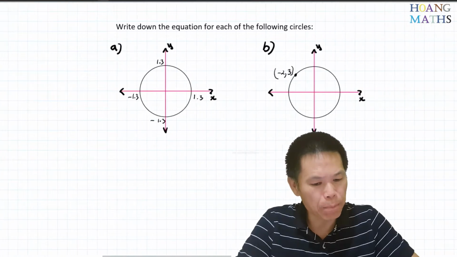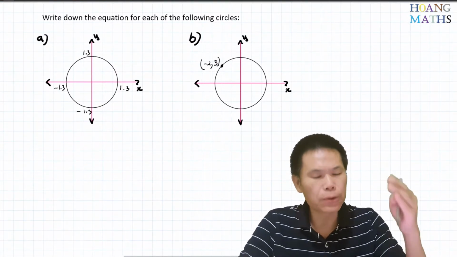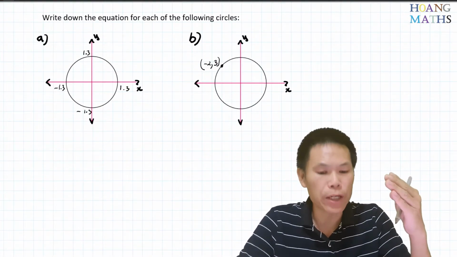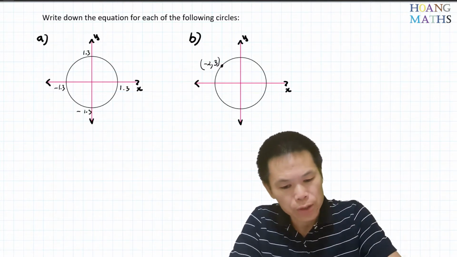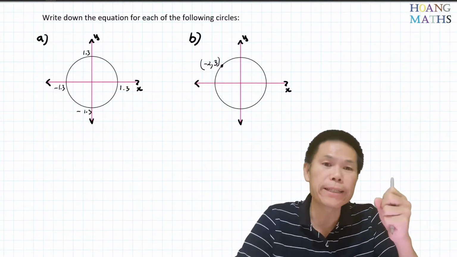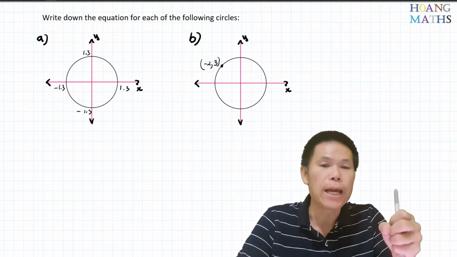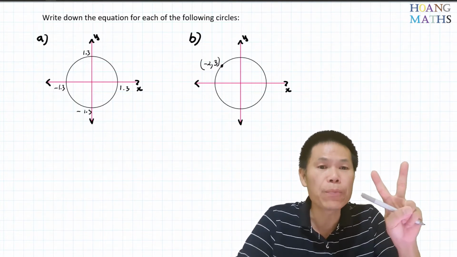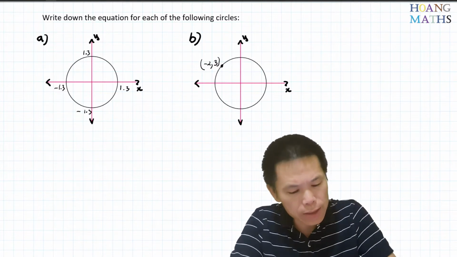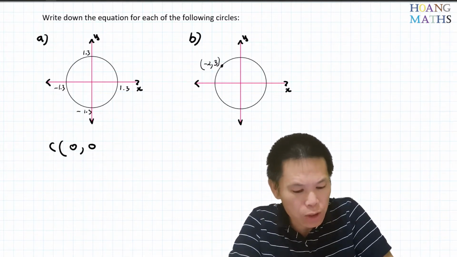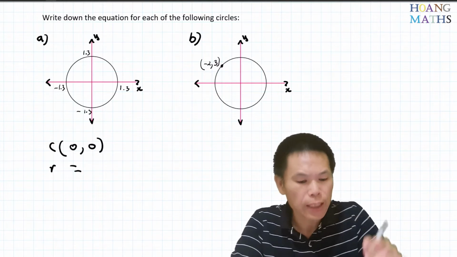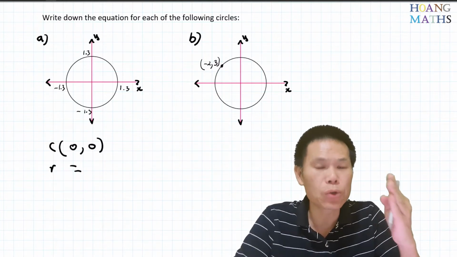Let's say, for example, write down the equations for each of the following circles. First one: step number 1, we write down the center first, and step number 2, we write down the radius. The center here is 0, 0 and the radius is 1.3.